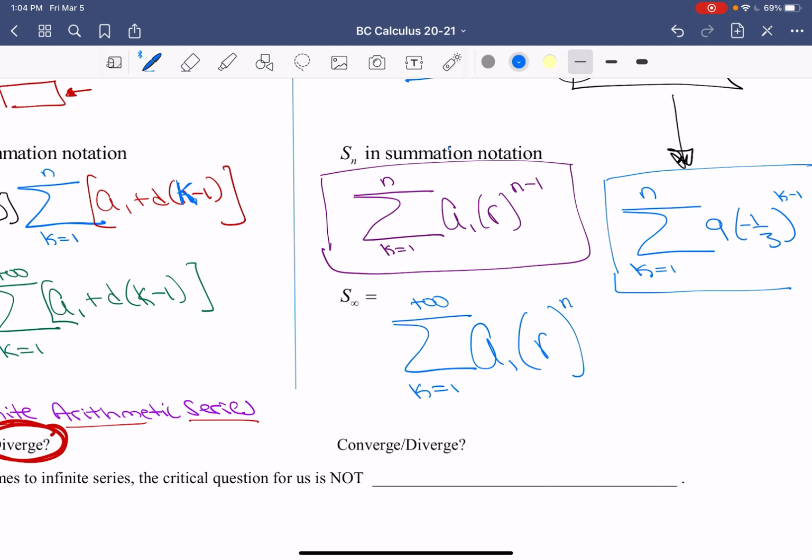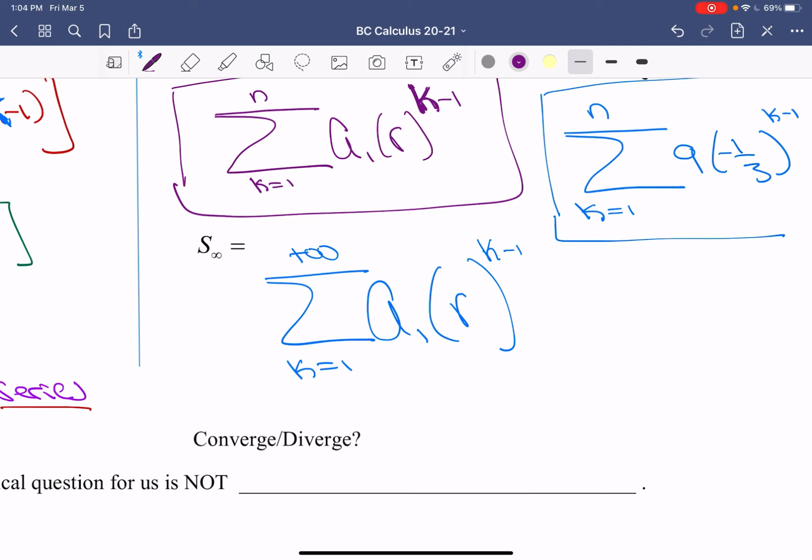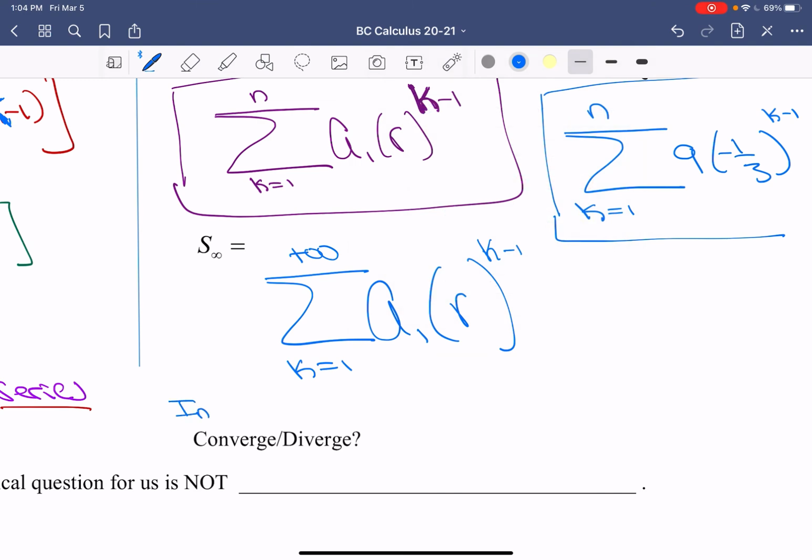I just caught, this should be a k, and this should be a k. Okay. All right. And I'm going to leave you with an infinite geometric series.